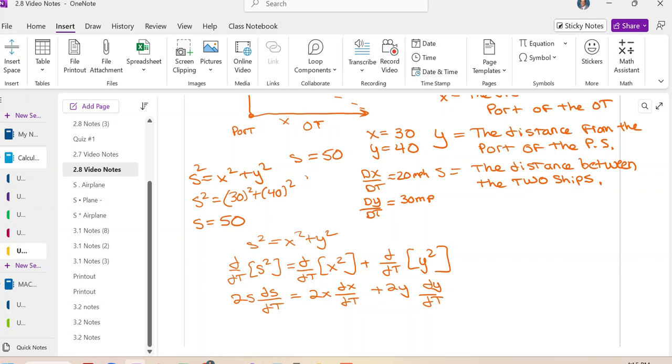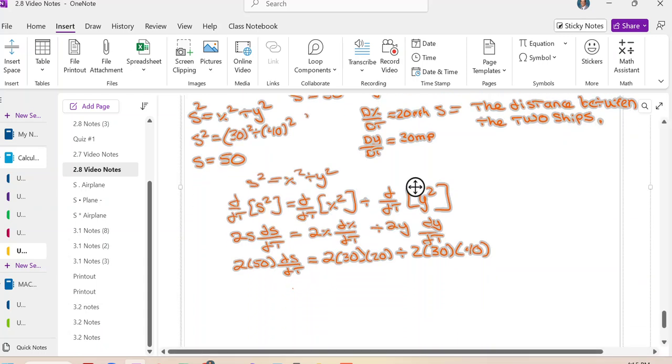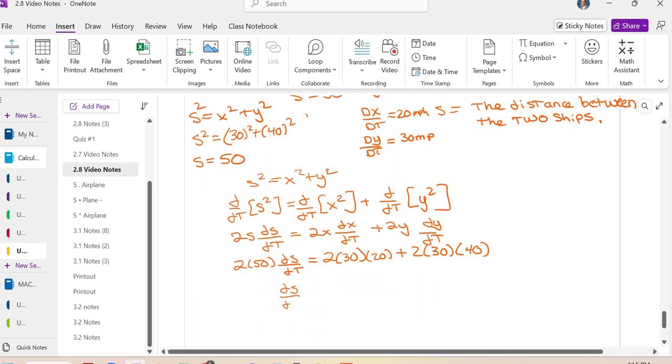Then you can substitute in what you know: 2 times 50 times ds/dt equals 2 times 30 times 20 plus 2 times 40 times 30. I switched those around, but then when you solve, we can divide by 100 here.